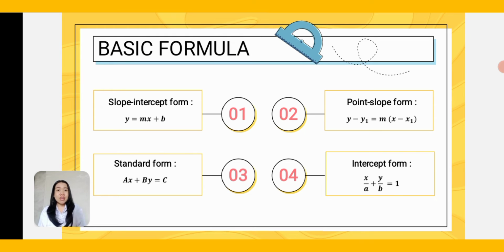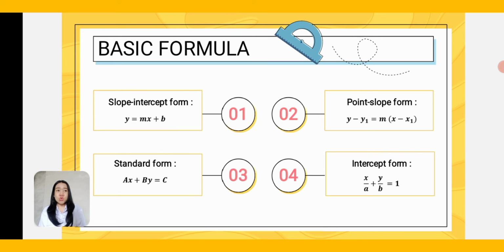Okay, here I will explain the basic formulas of a linear function. The basic formula of a linear function is divided into four forms. Number 1, slope-intercept form: y equals mx plus b.